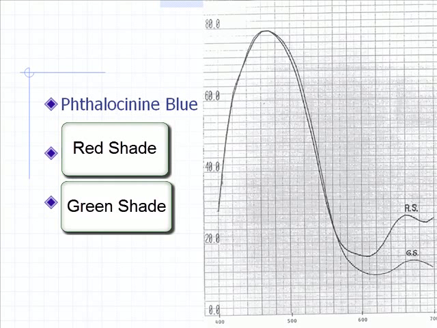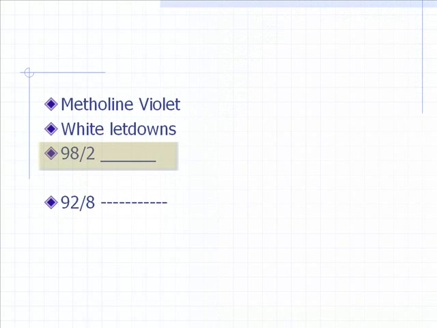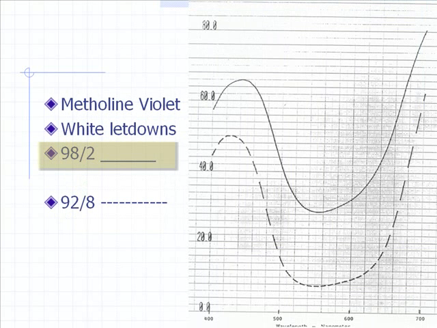Here's another pigment. This is methylene violet, and this happens to show two different white letdowns. The numbers there, this is 98% white, 2% colorant, and the dotted line one, or 92% white, 8%. The dotted line is stronger, and you'll see a little later on about different things from the curve.